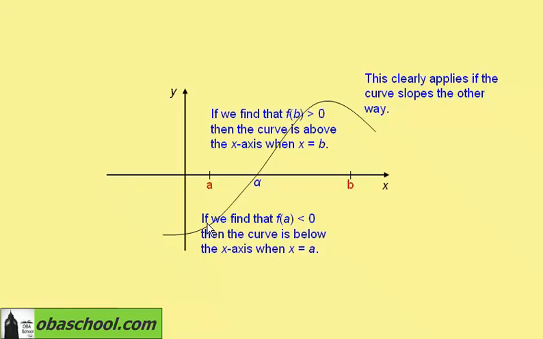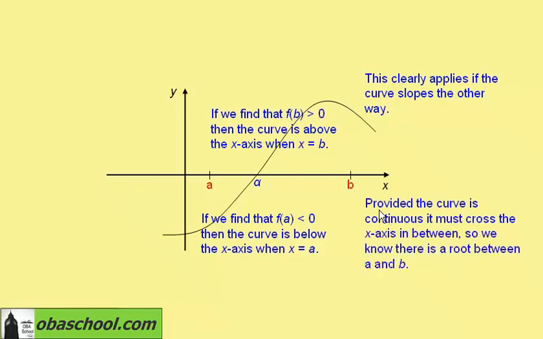Clearly, if you were drawing the curve between a and b, and you could not take your pencil from the page, you'd have to cross the x-axis somewhere. So provided the curve is continuous, it must cross the x-axis in between, so we know there is a root of the equation f of x equals 0 between a and b.